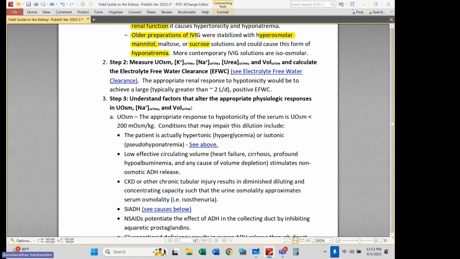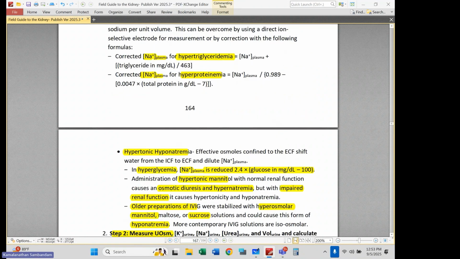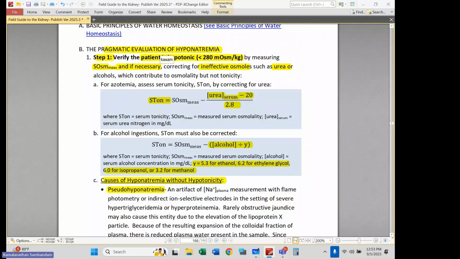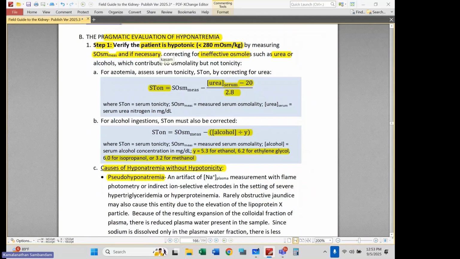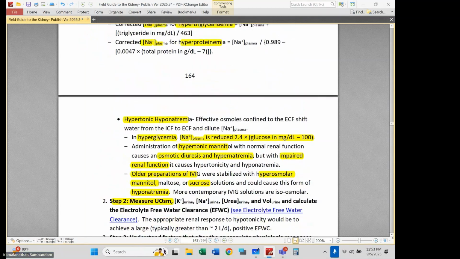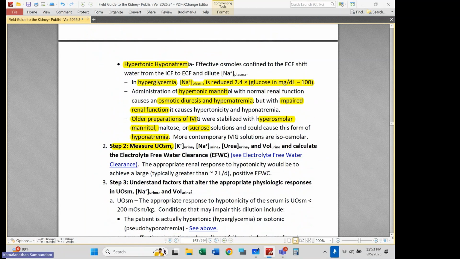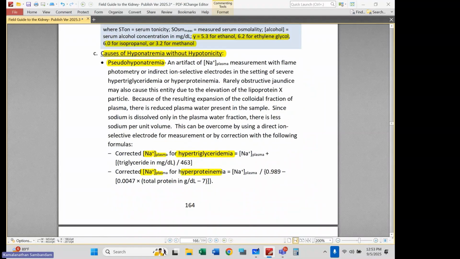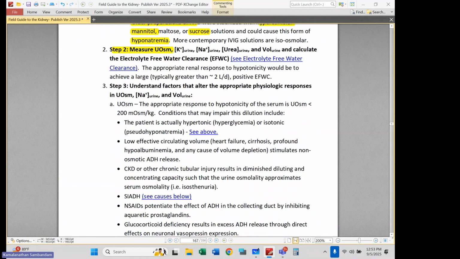Okay. Step 2. So again, step 1 was verify the patient was hypotonic. You can do that by correcting for elevations in urea or alcohols. If they're hypertonic, or have pseudohyponatremia, those are unique hyponatremias.